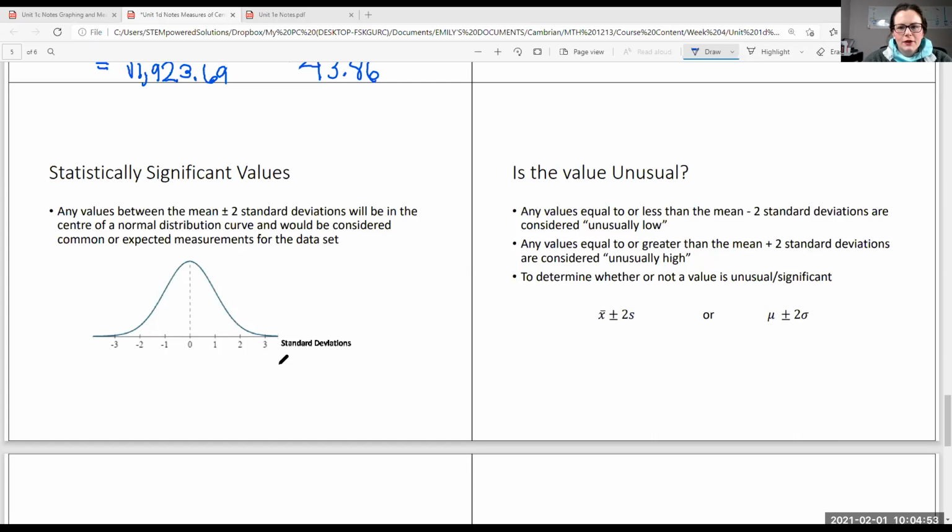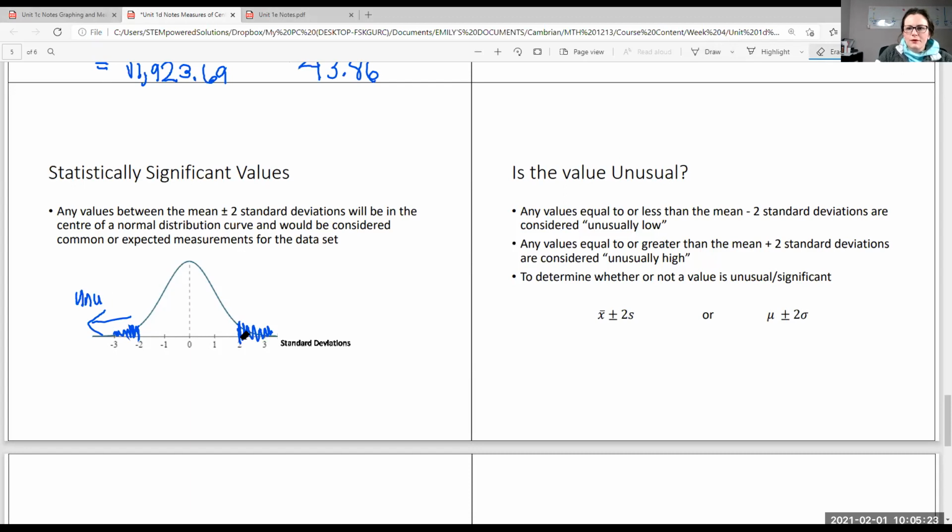Is the value unusual? Any values equal to or less than the mean minus 2 standard deviations are considered unusually low. So here we're talking about anything that resides on this end of the curve or on this end of the curve. So if we're on this end of the curve, we're unusually low.